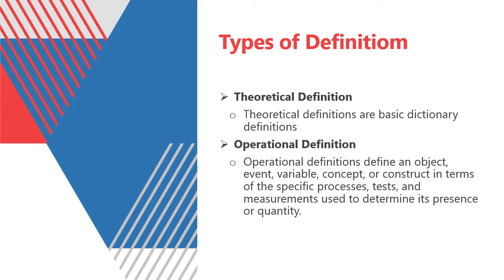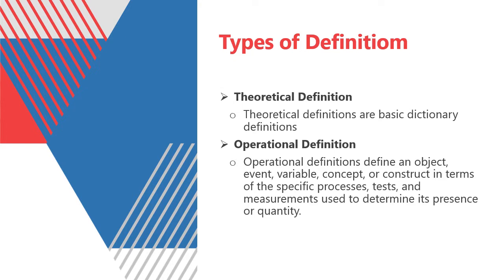A theoretical definition assumes both knowledge and acceptance of the theories it depends upon. For example, a theoretical definition for the concept customer satisfaction is often defined as the degree to which a customer's experience with a product or service conforms to his or her expectation and the ideal experience.